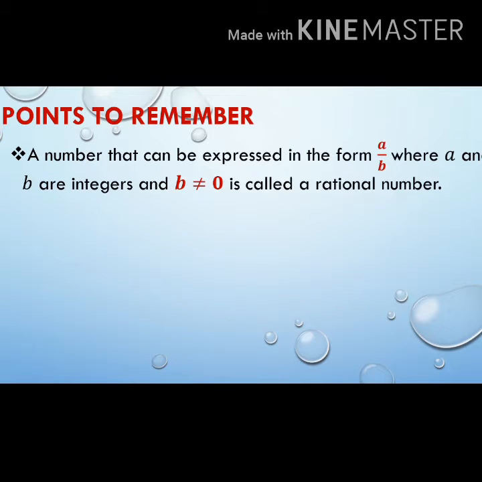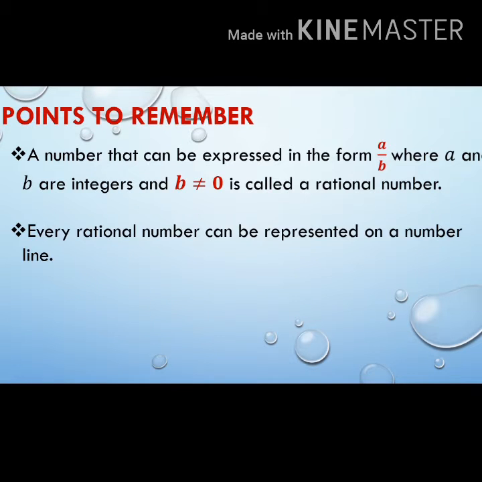Students, we have completed one full unit, that is rational numbers. I want to recall the important concepts and definitions before entering into the next unit. A number that can be expressed in the form a by b, where a and b are integers and b is not equal to 0 is called a rational number.